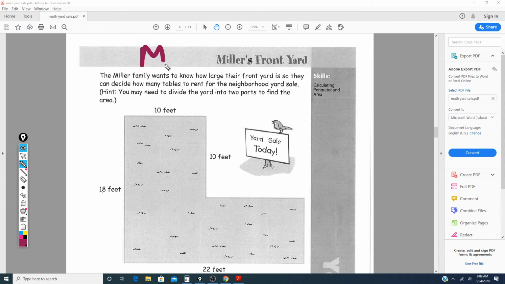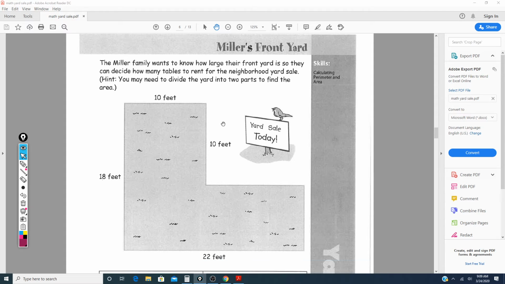So the Miller family wants to know how large the front yard is so that they can decide how many tables to rent for the neighborhood yard sale. So you may need to divide the yard into two parts to find the area.